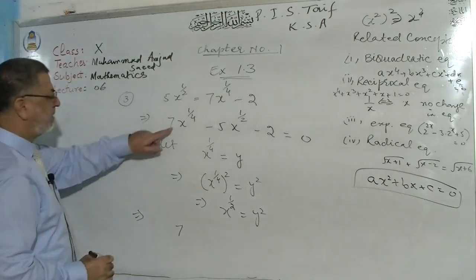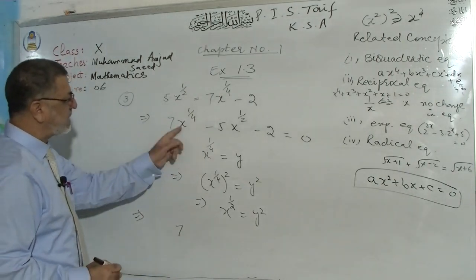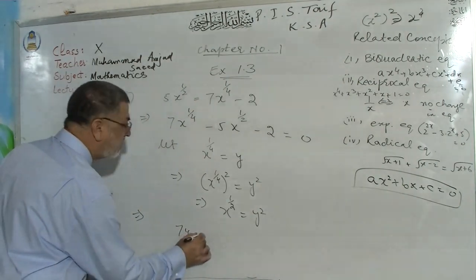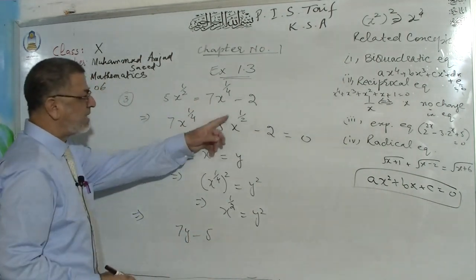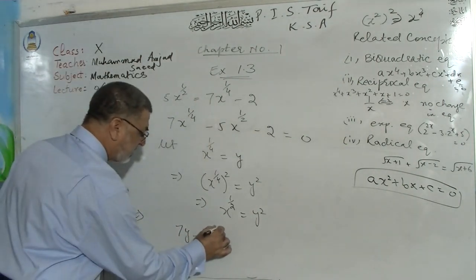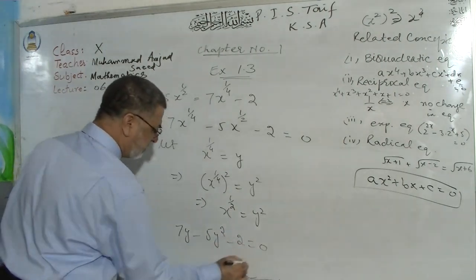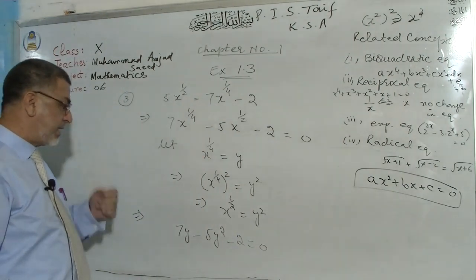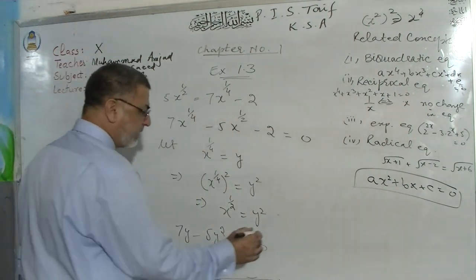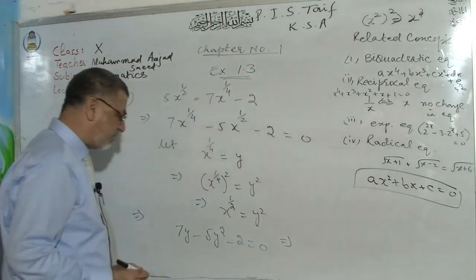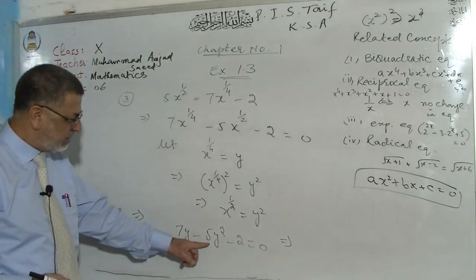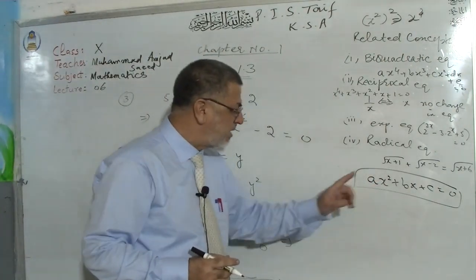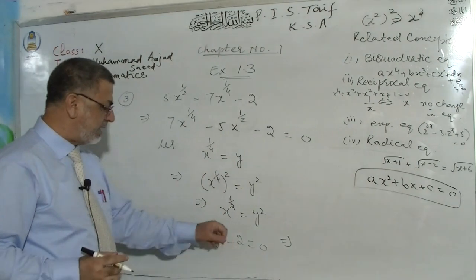7, x^(1/4) is y, minus 5, x^(1/2) is y square, and minus 2. Remember that this equation has to be converted into the standard quadratic equation. First of all, you must have the first term as y square, then y, and then the constant.